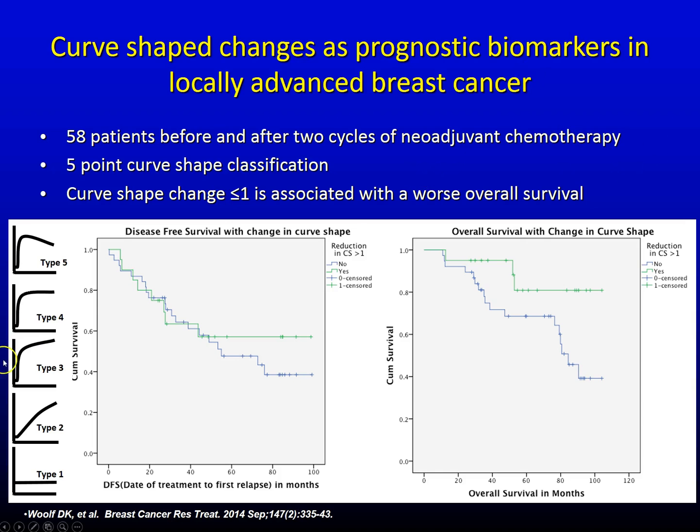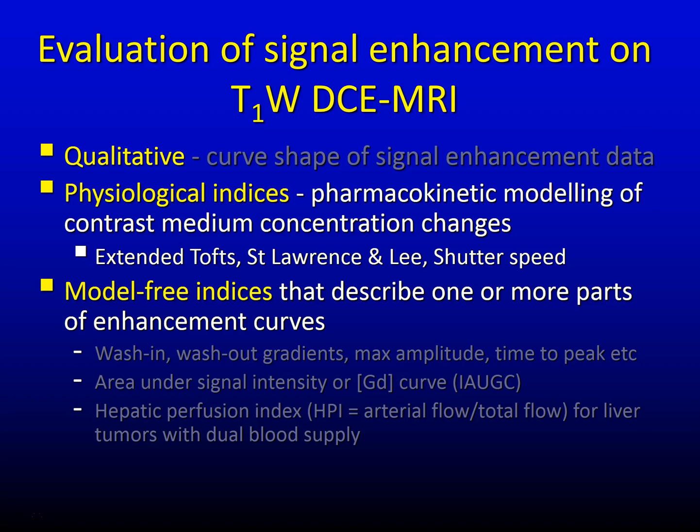So if you went from a curve shape of 5 to a 3, or from a 4 to a 2, or a 3 to a 1, then your survival was much more likely to be better than if you had a curve shape of less than that. So if you just went from a 5 to a 4, or from a 4 to a 3, then you are much less likely to get benefit in terms of survival from neoadjuvant chemotherapy for locally advanced breast cancer.